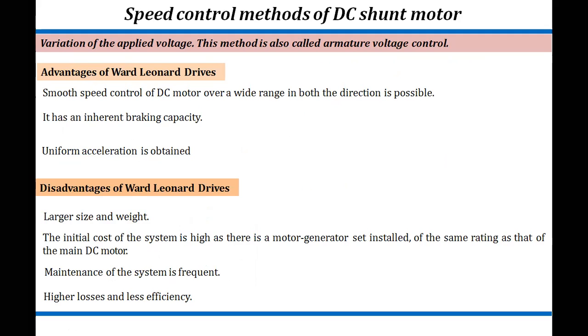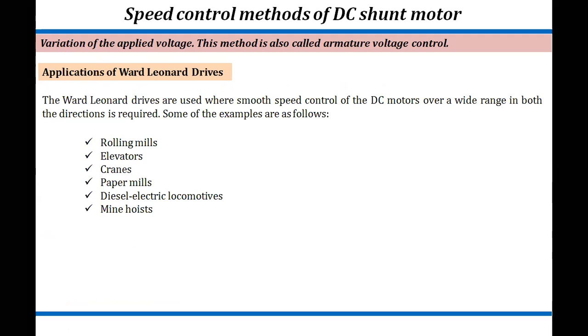This is the main disadvantage. As we have the larger size, there will be larger loss, and it will be less efficient. And as we have the larger size, its maintenance is also frequent, and with the larger weight and size, its initial cost will also be high. These are some disadvantages of the Ward-Leonard drive, or we can say the DC shunt motor.